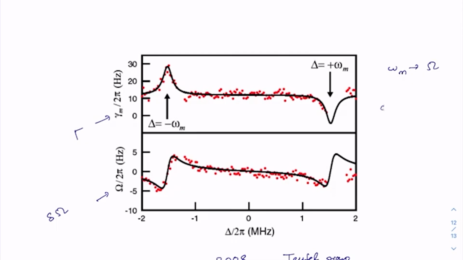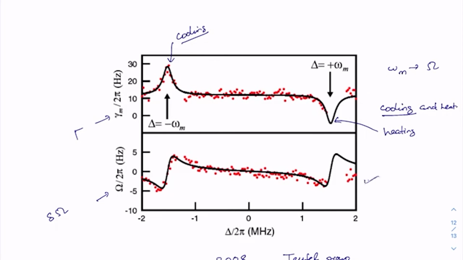This is the cooling and heating effect. This is your heating effect, and this is the cooling effect, and red dots are the experimental data, and this solid curve is from the theory, and as you see the experiment and the theory match pretty well.